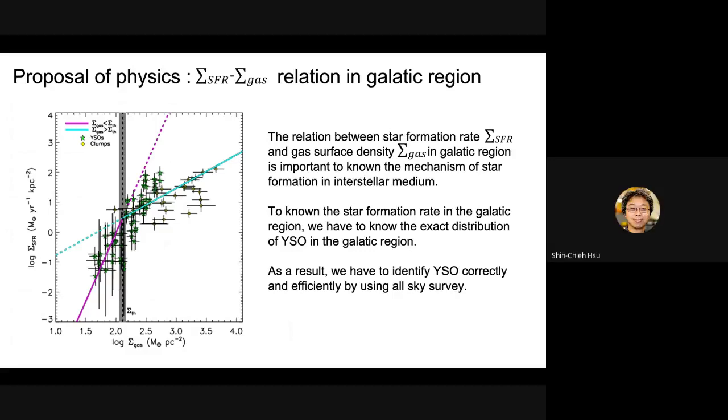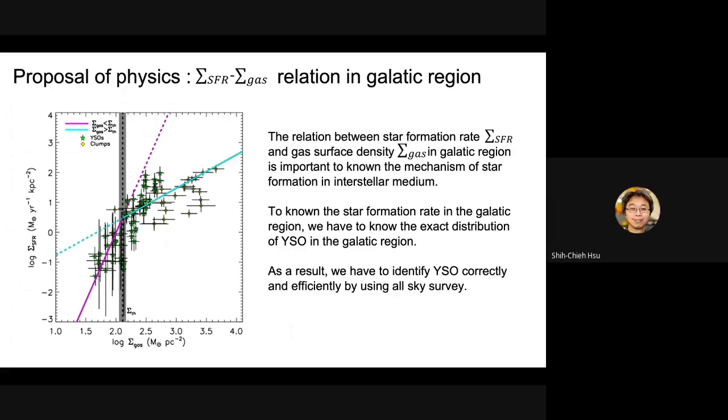I can't understand Sigma SFR and Sigma gas. How do you calculate these two variables? Okay, so if we find more YSOs, we can do a more accurate calculation of Sigma SFR, and then we can get a more accurate relation between Sigma SFR and Sigma gas. So you are able to compute Sigma SFR from your features? Yes.